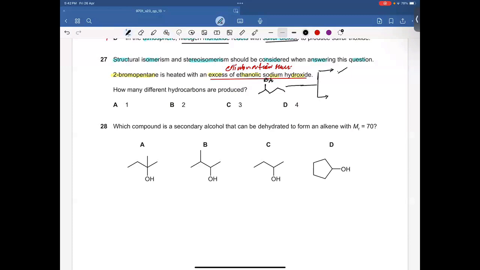Either you will get pent-1-ene, 1, 2, 3, 4, 5. This is pent-1-ene. Okay, I mean to say elimination takes place from the hydrogen of this beta carbon atom. Now if elimination takes place from the hydrogen of the other beta carbon atom, you will get pent-2-ene.